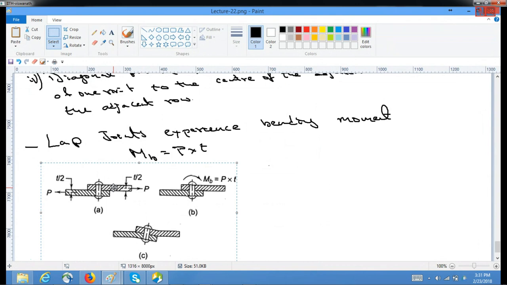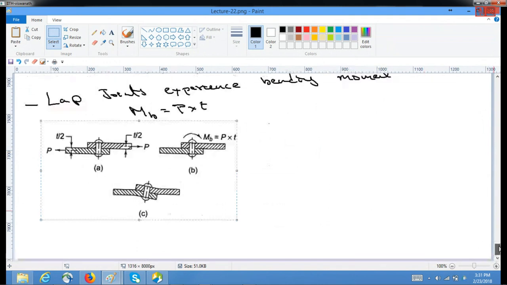That would generate a moment MB equals P cross T, and on resisting the moment, it would deform in this manner when the magnitude of MB is very high. These are certain things about the single lap joint.